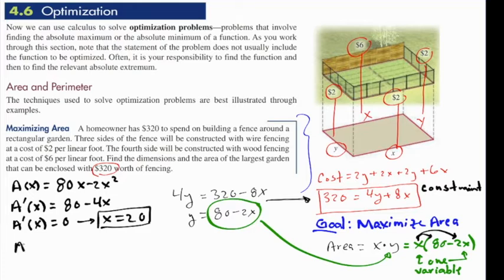Now we can find the second derivative, A double prime of x, which is negative 4. Notice there is no x variable left, so this means that it is concave down for the whole domain.